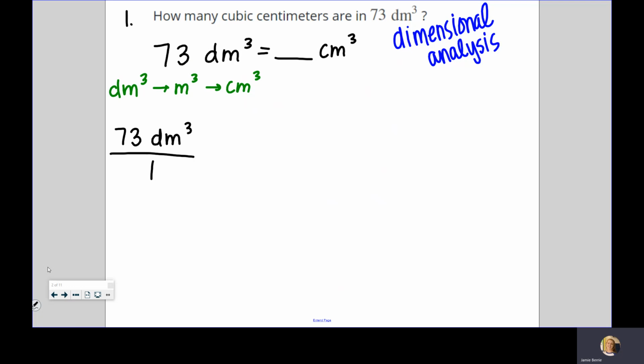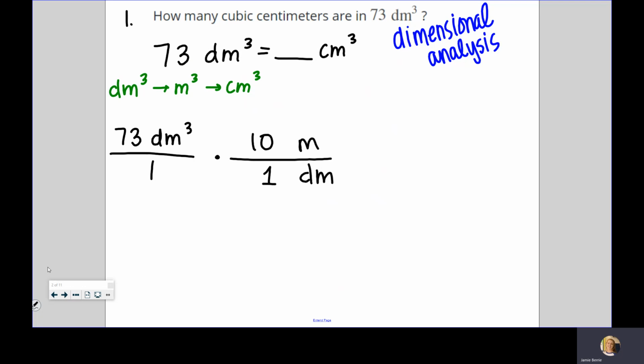So to cancel out decameters, we're going to multiply by a fraction. We're going to put decameters in the bottom, so that way it'll cancel with decameters in the top. So we can go from decameters to meters. We had a conversion for that, and it told us that in 1 decameter, there's 10 meters.